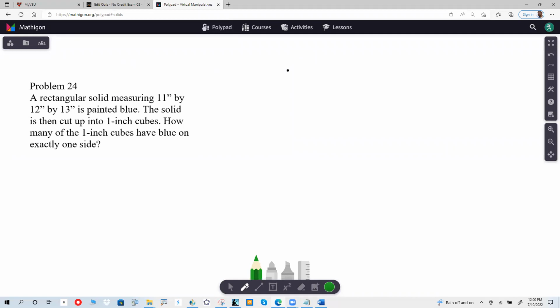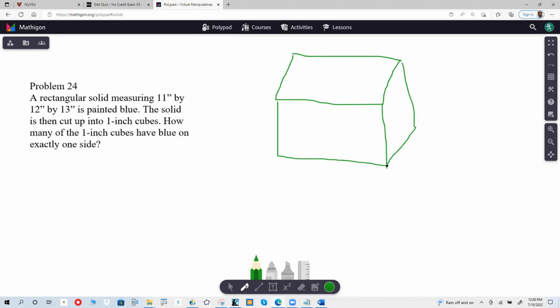So I'm going to make it 12 by 13. And just to let you know, I'm going to draw 3 faces. It's not going to be perfect. This face, let's say, is 12 by 13, and the height is 11. So this face is 12 by 11, and this is clearly 13 by 11.